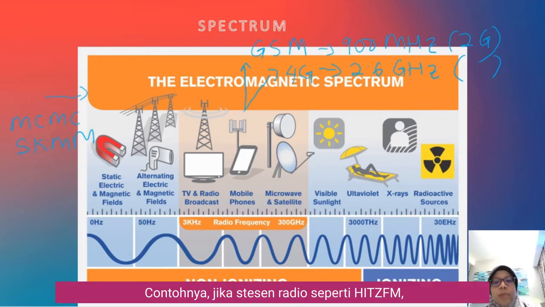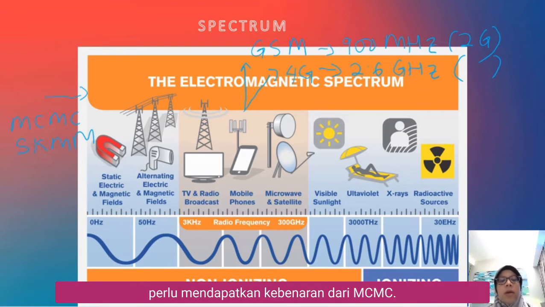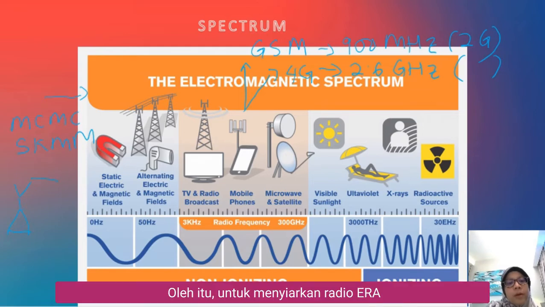So for example, MCMC has proposed that if a radio station wants to broadcast their radio channel, for example, like Hitz FM, Suria FM, Era, and so on, they must be within a certain range. For example, if you want to broadcast Era FM, it is at 103.3 megahertz.